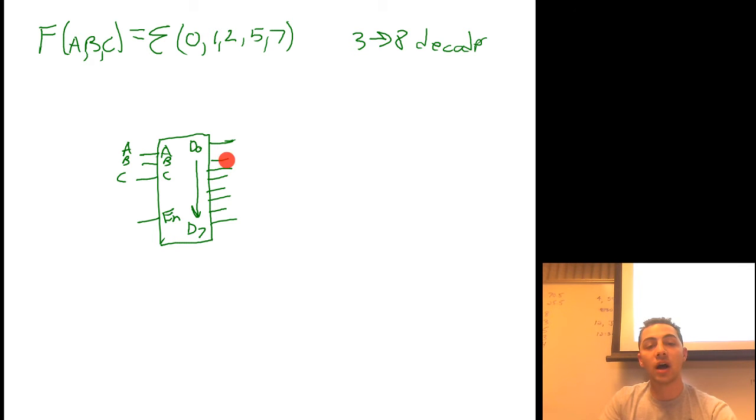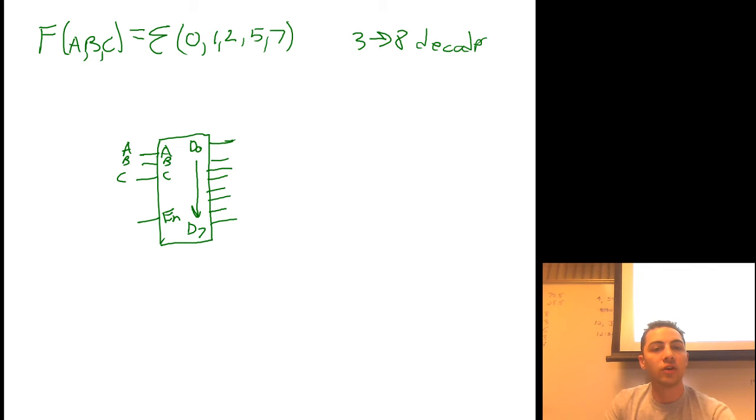D0 will be active when you see 0, 0, 0, which corresponds to min-term 0. This line will be active when you put in min-term 1, and so on.